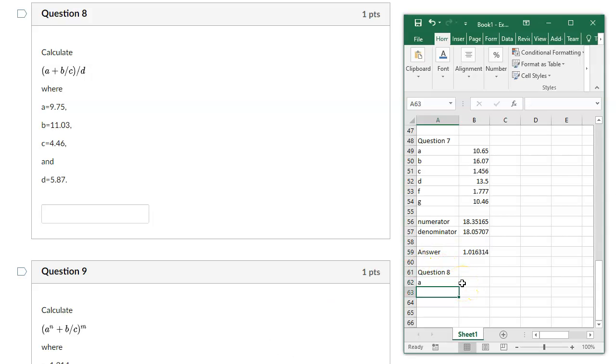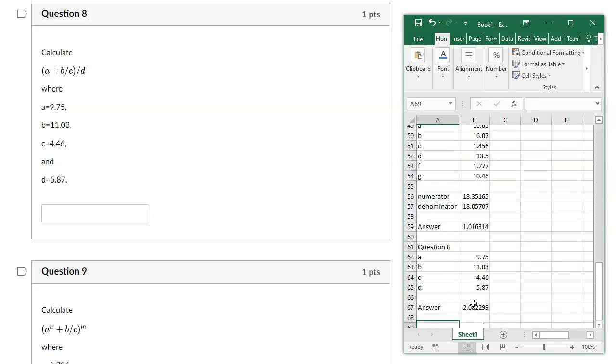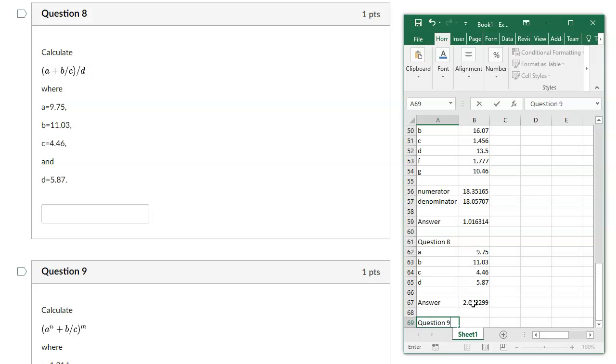Question 8 has parts again, A, B, C, and D. A is 9.75, B is 11.03, C is 4.46, D is 5.87, and then the answer down here is parentheses A plus B over C, all of that over D. Question 9.